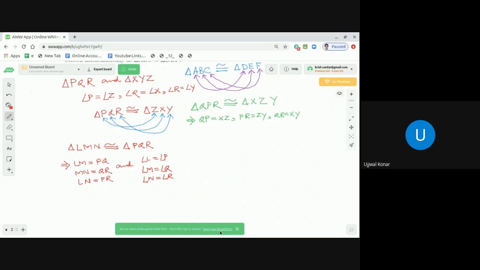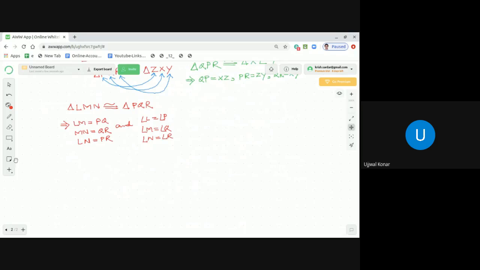Okay, now let me proceed further, dear students. The next point I'm going to discuss is that from the fundamental concepts, we understood that to determine the congruency of triangles, we need 6 parts to compare. So 3 pairs of sides and 3 pairs of angles.